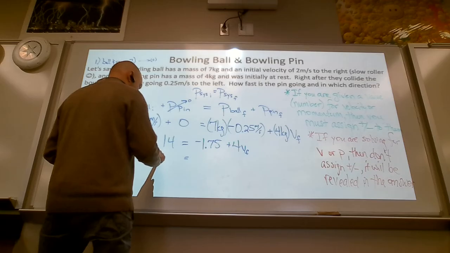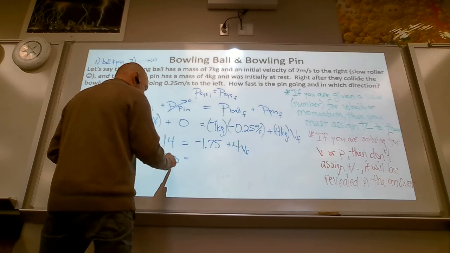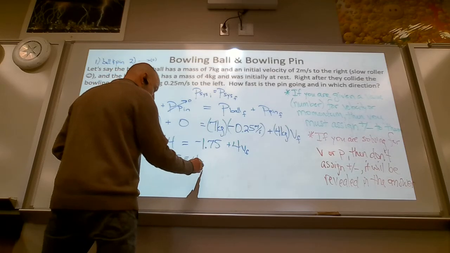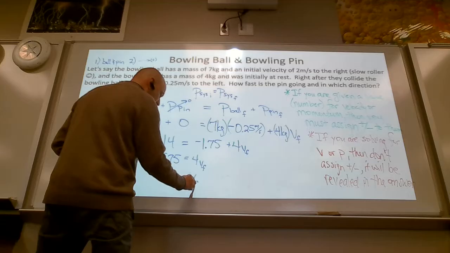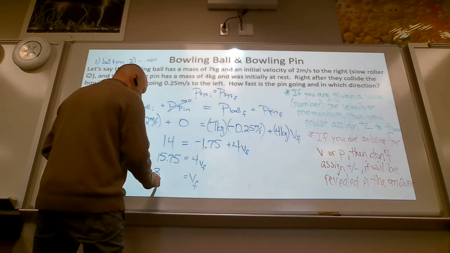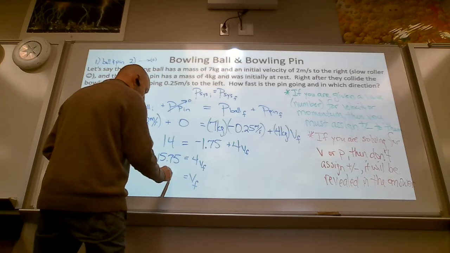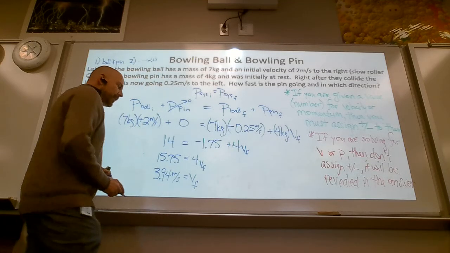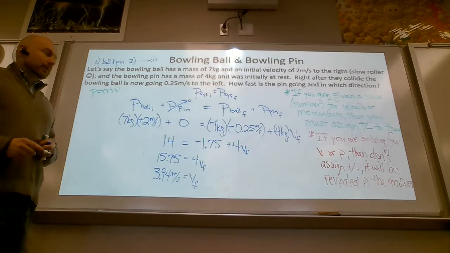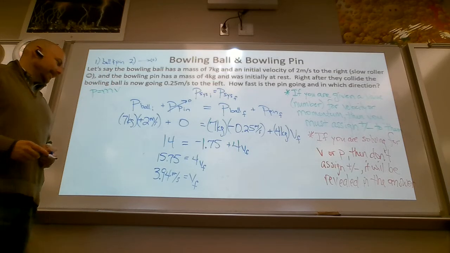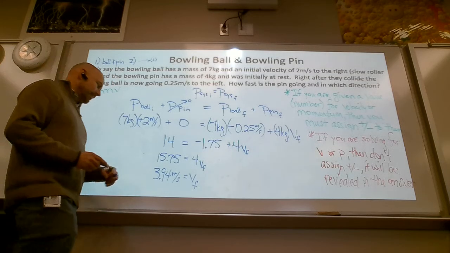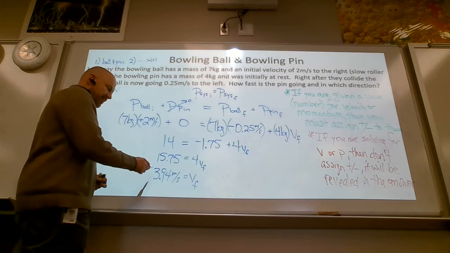So I got 15.75, so my final velocity is 3.94 meters per second. But if you want a more precise number, you have 3.975 meters per second. Good, but this is good enough. 3 sig figs, perfect.